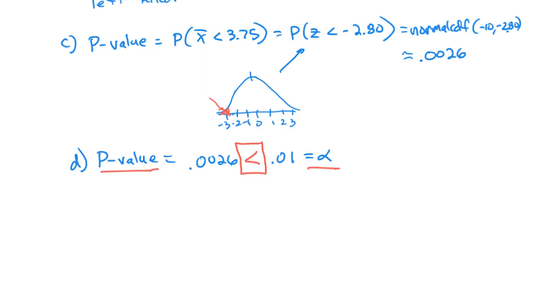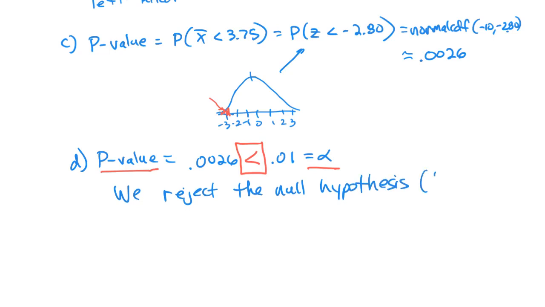Whenever the p-value is less than alpha, we reject the null hypothesis. Which means we reject H naught, right? That's the null hypothesis. So this is described in the little box on the handout from 8.1.